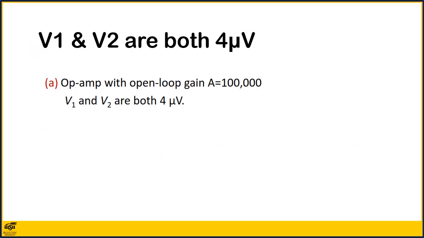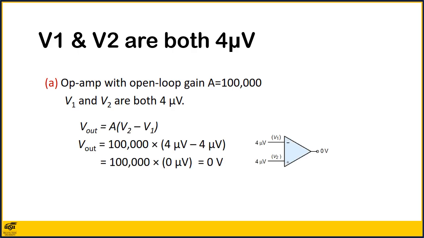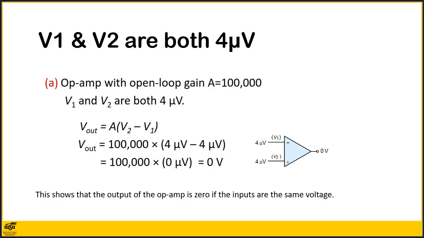So looking at case A, where V1 and V2 are both 4 microvolts. The output is 100,000 multiplied by 0, being 0 volts. This shows that the output of the op-amp is 0 if the inputs are the same voltage, regardless of their actual value.